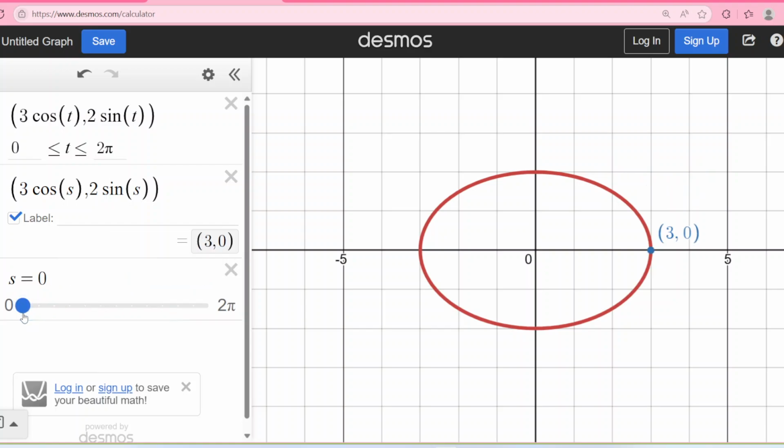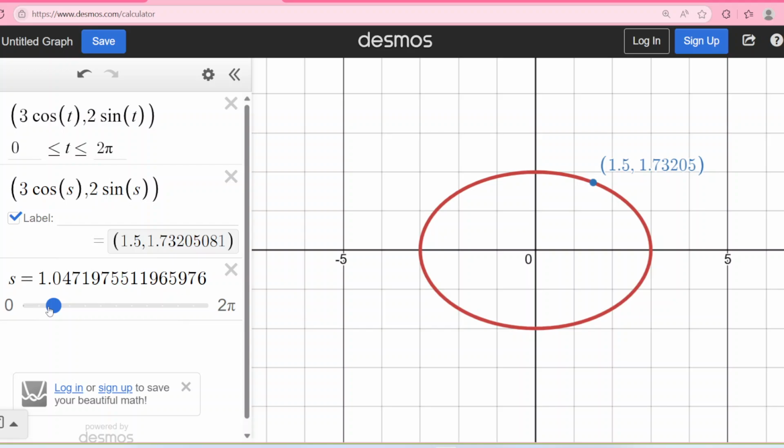You can see when S equals 0, t equals 0, we're at (3, 0). And then there's your root 3 over 2 times 3, which is 2.59. And then pi over 3, pi over 2, 4 pi over 3, 5 pi over 6, pi. You can move around, and if you hit play too, it'll show you the movement. Now that jumps every pi over 6. It's going backwards now.